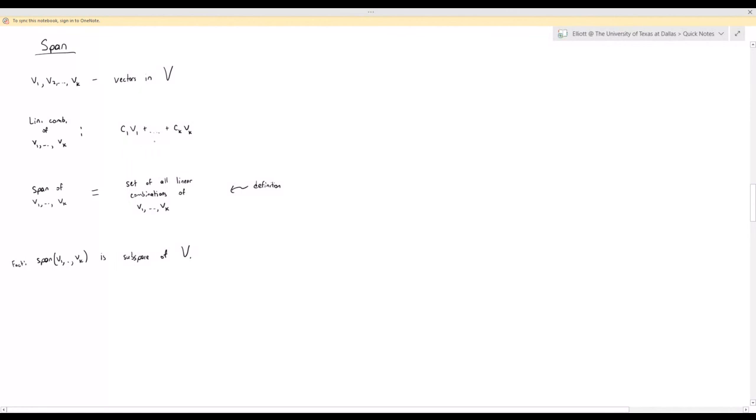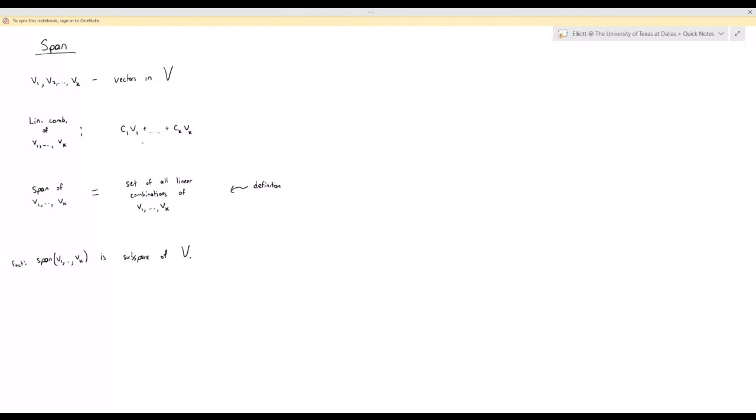And it contains all the scalar multiples, so it'll be closed under scalar multiplication. A subspace has to be closed under addition and scalar multiplication, and a span will always satisfy those two properties.